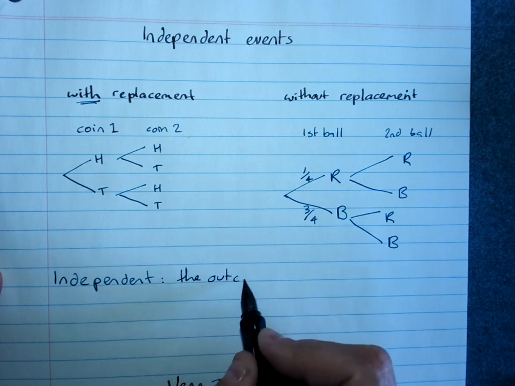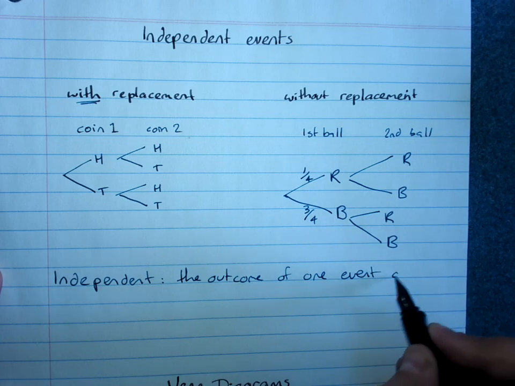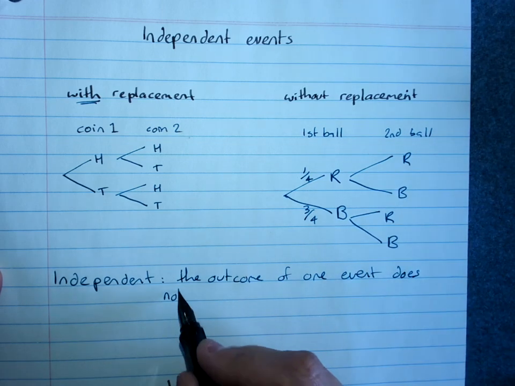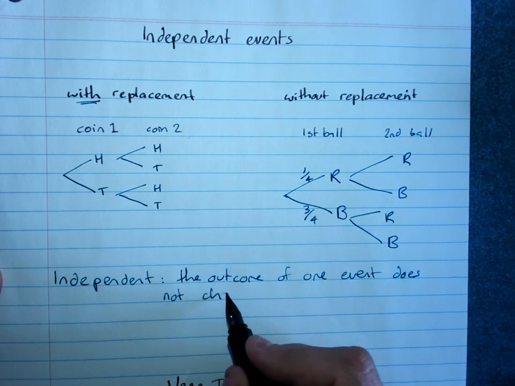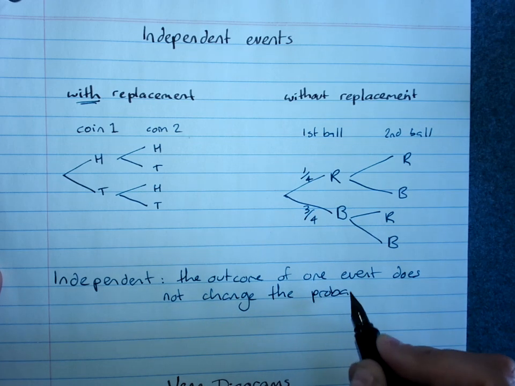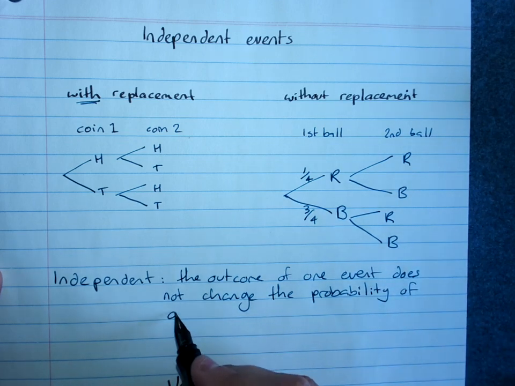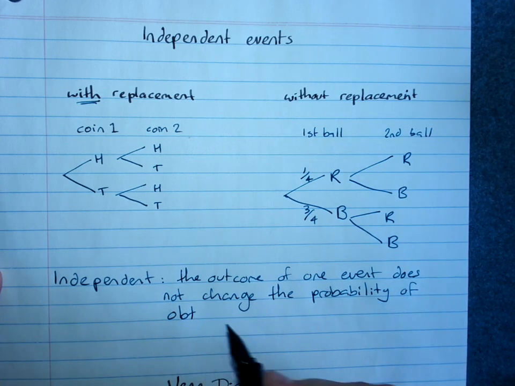The outcome of one event does not change the probability of obtaining the other event or the other outcome.